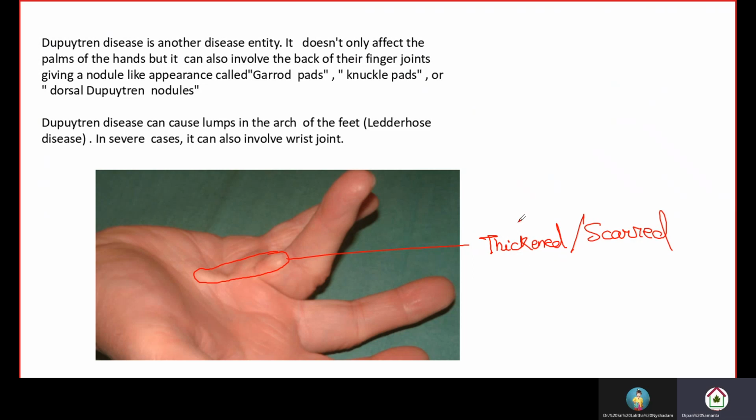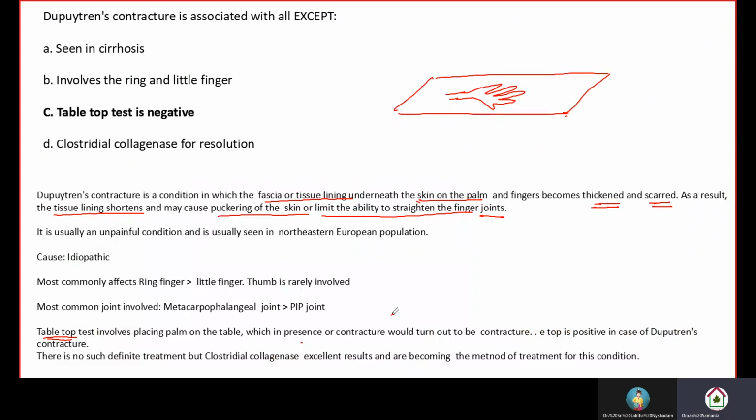That's why if it gets thickened and scarred, it contracts in this direction, and the involved finger cannot be straightened. Usually an unpainful condition, usually seen in the northeastern European population, idiopathic. Most affected finger is the ring finger and then the little finger.